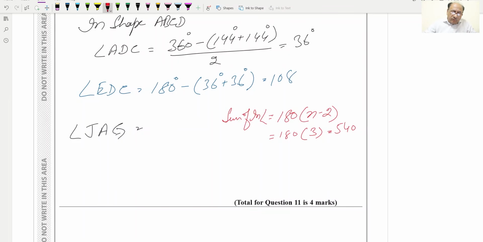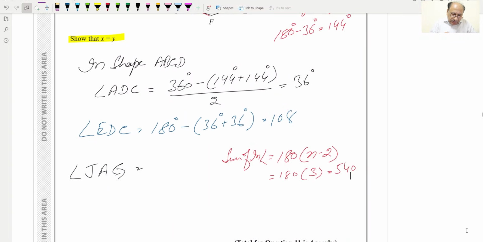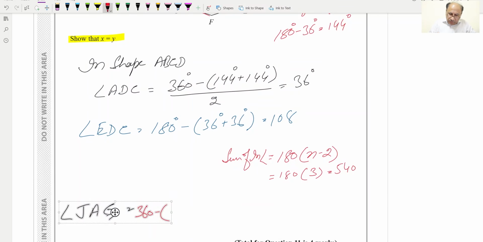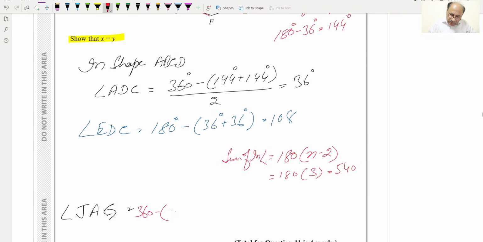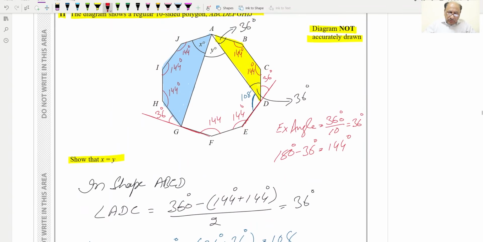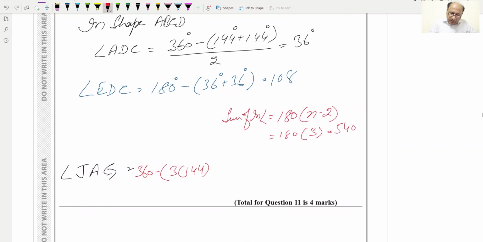So we'll have to subtract these 3 angles from 540 and then divide by 2. This will be, we can move this a little down so that we can write here, the angles will be 144, 3 times. So whatever remaining will be divided by 2.